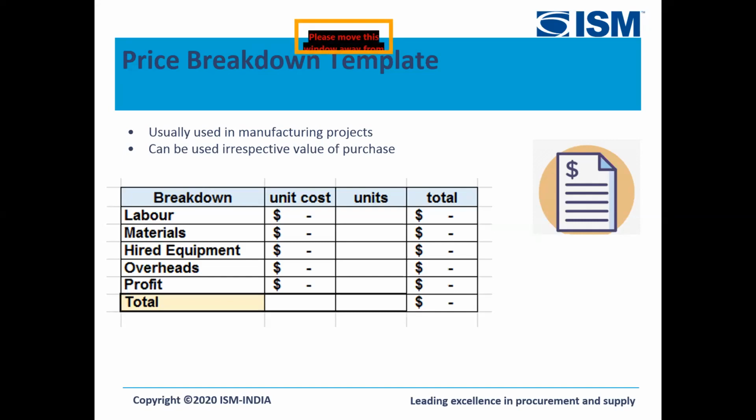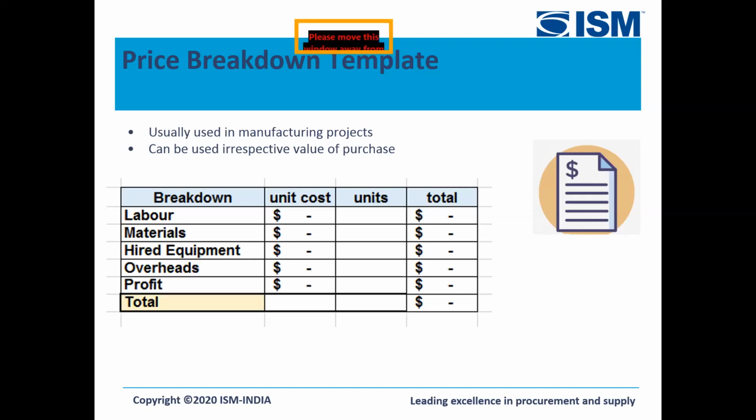This breakdown template would be quite detailed for high value projects, but it's a really good habit to keep it for lower value projects as well, where the amount of time is less, so that it gives us an easy comparison when we go into an RFQ or an RFP. We're able to understand what they are breaking down and how they're building up the cost.